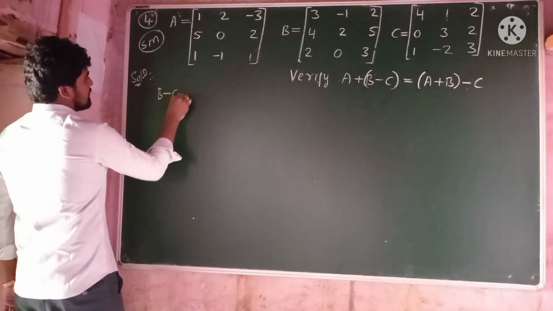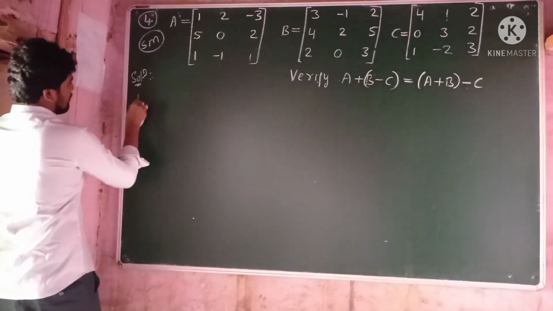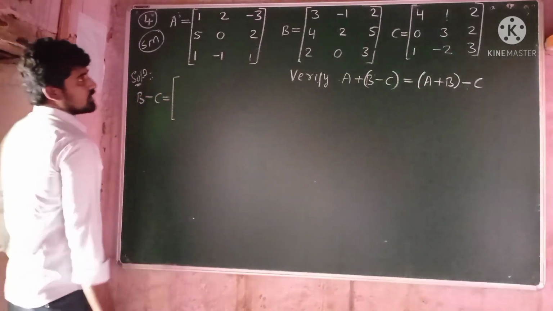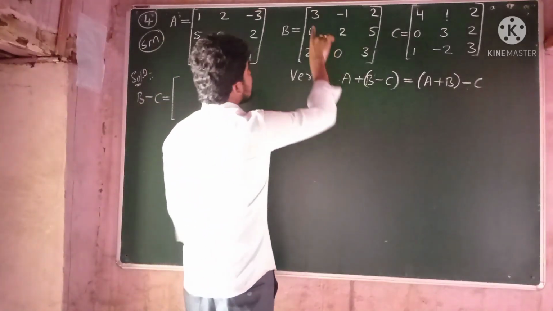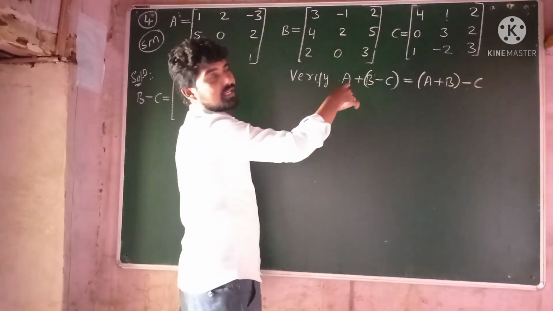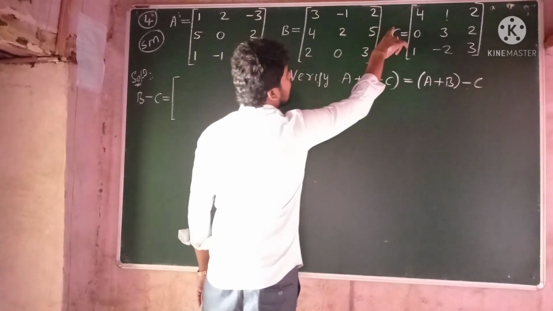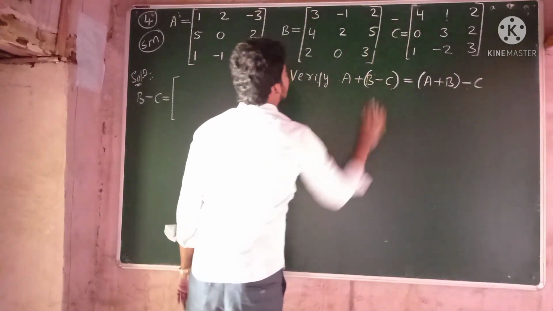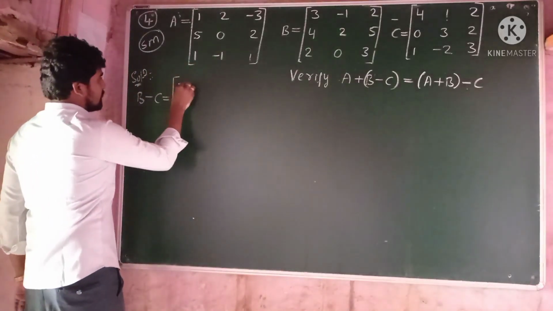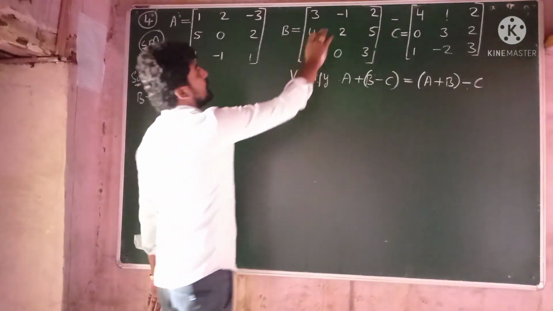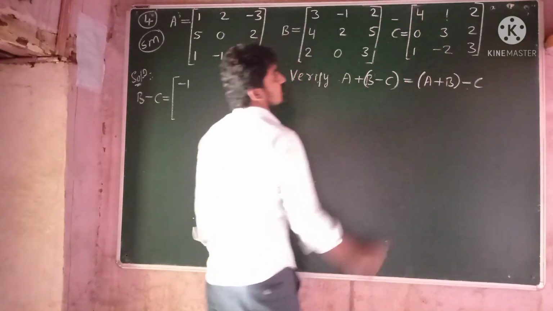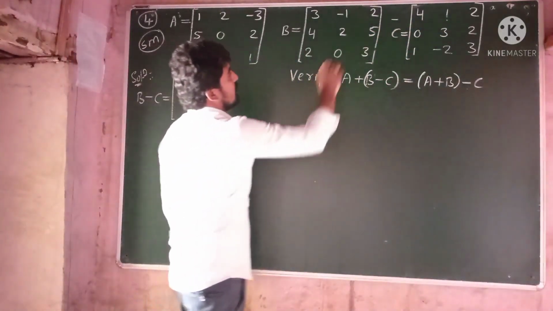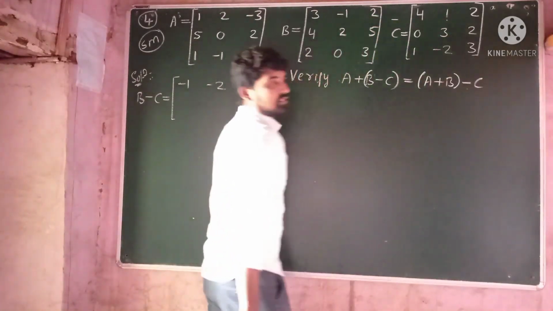B minus C matrix is equal to, B minus C is obtained by 3 minus 4, which is minus 1. Minus 1 minus 1 is equal to minus 2. 2 minus 2 is equal to 0.